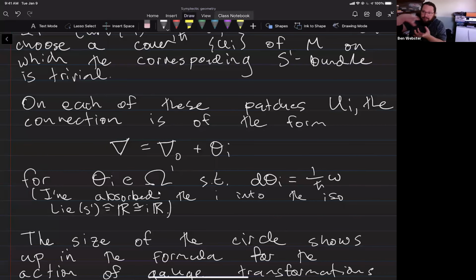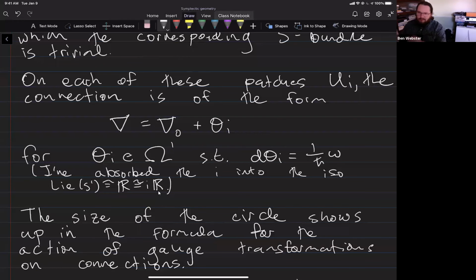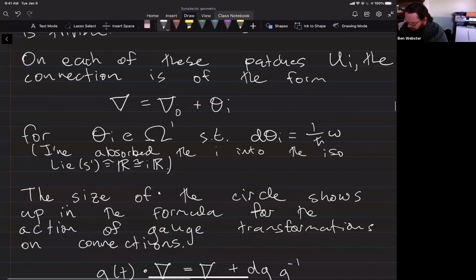So on each of these patches, I can write my symplectic form as the exterior derivative of a one form. And as I said, this is one of these points where I've sucked this i into the isomorphism between the Lie algebra of S1 and R. All right.